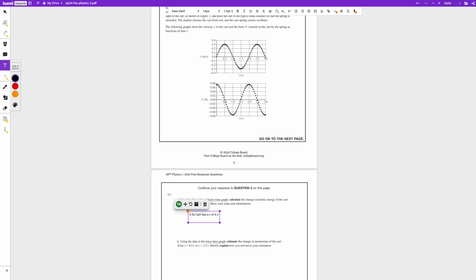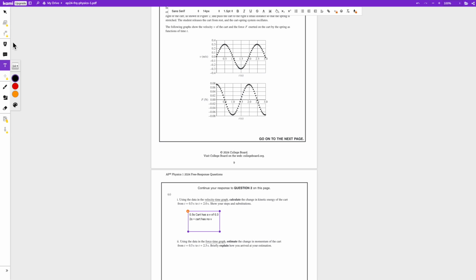But at 2 seconds, which is the next part we have to find, the cart has no velocity. But remember, the change is going to be a state function. So that means that we're going to have to do final minus initial. Our final is 0, our initial is a positive number, so our final answer is going to be negative. Because remember, it's ending up with 0 kinetic energy.